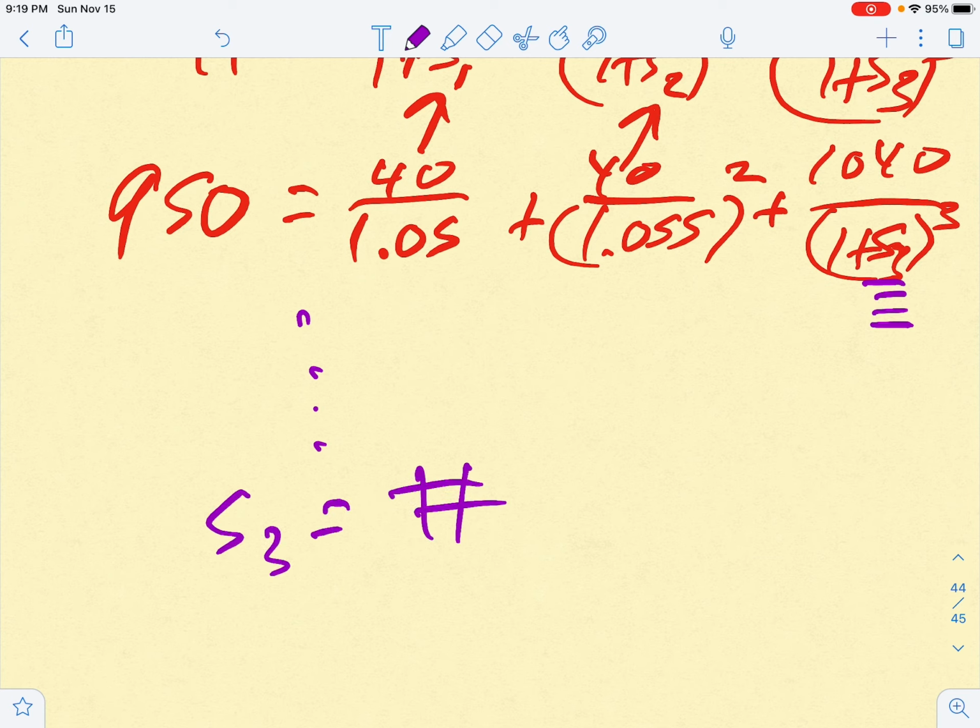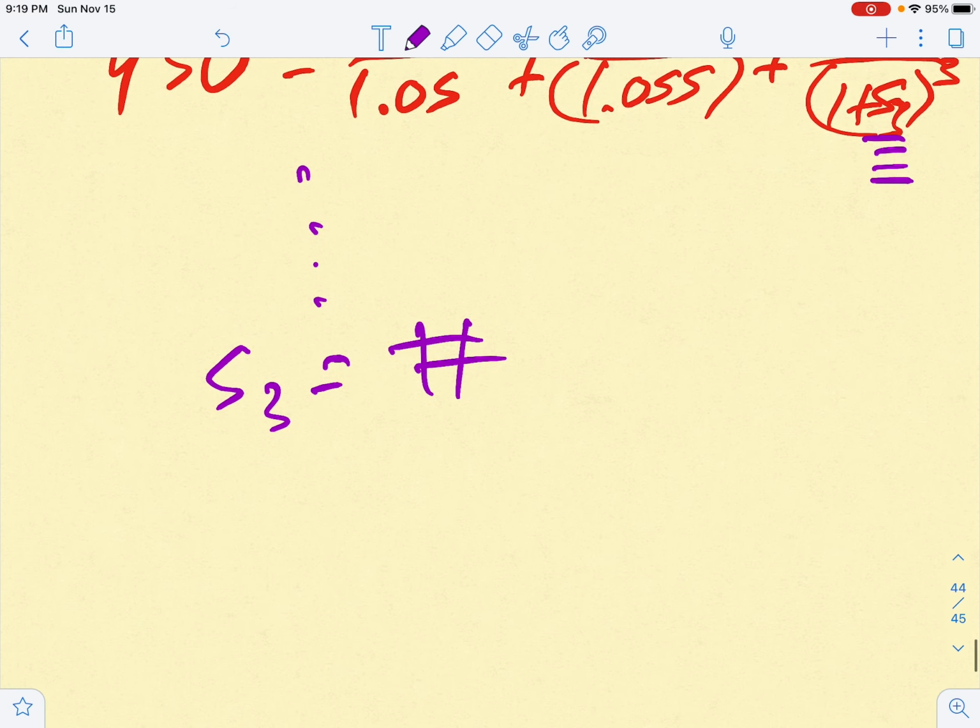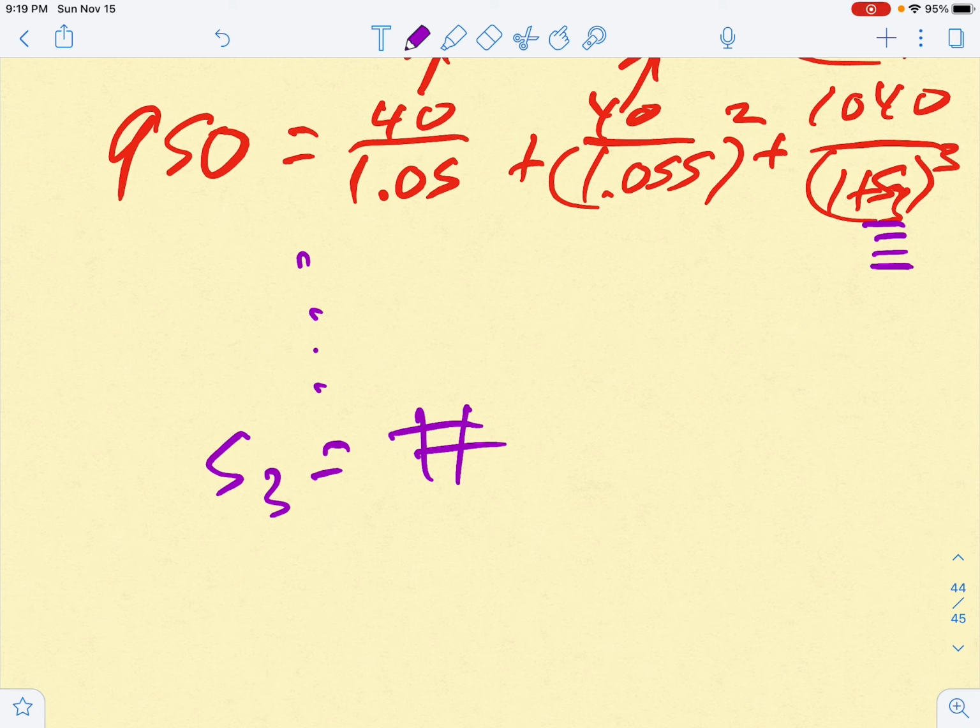S3 equals some number. That shows how we can use this bootstrapping procedure to get a spot rate. Bootstrapping implies you can do it again. Because we found the 3-period spot rate, we could then find a 4-period spot rate, and so on.